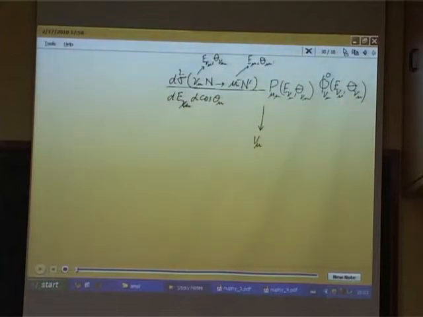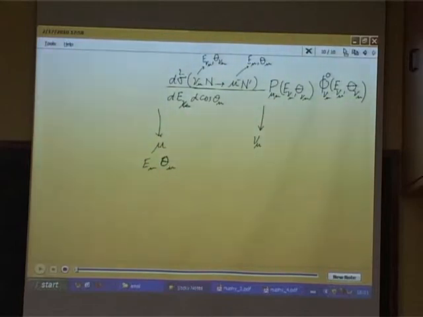So in the detector, what happens in the first stage is the neutrino is converted to a muon. So at this stage, what you have are muons, okay, and these muons are characterized by E mu and theta mu. Okay. E mu can be different from E nu, and theta mu from theta nu.